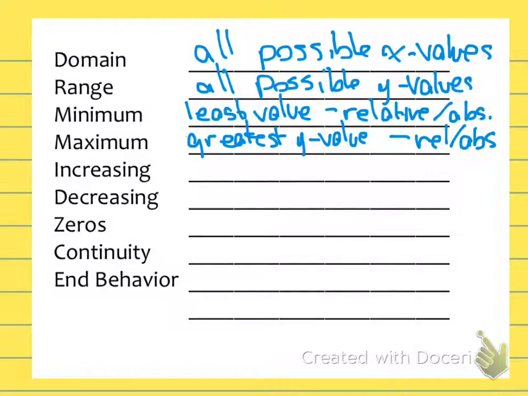Increasing and decreasing, we both want to be able to indicate where a function is growing, and we look at the y value, but we express for both of these the location in terms of x.